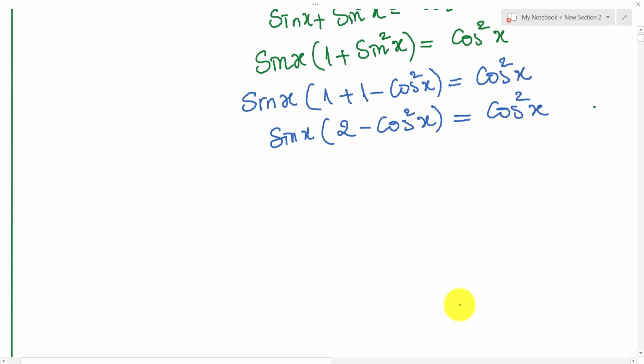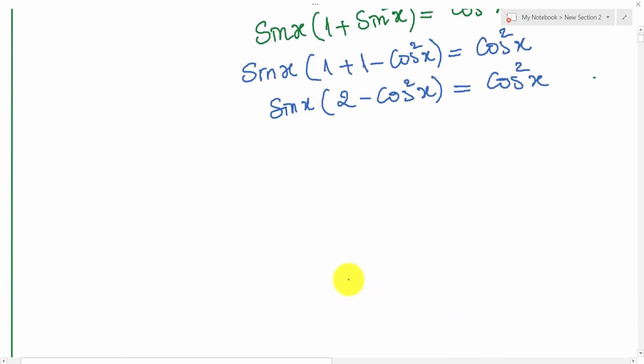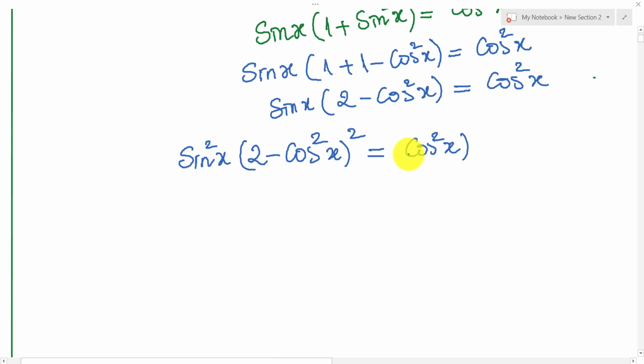And then we square both sides of this equation. So we get sine square of x times 2 minus cosine square of x, all squared, equals cosine square of x, all squared.